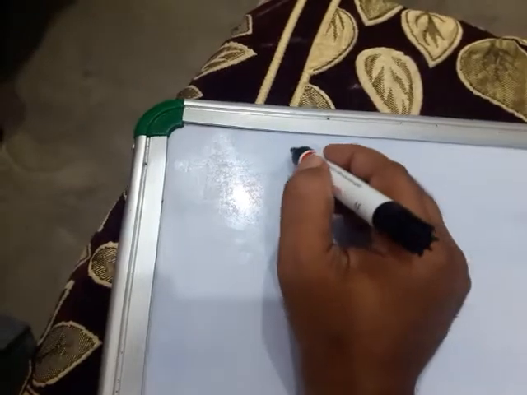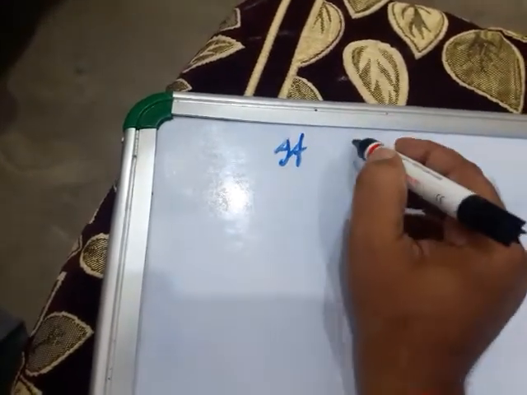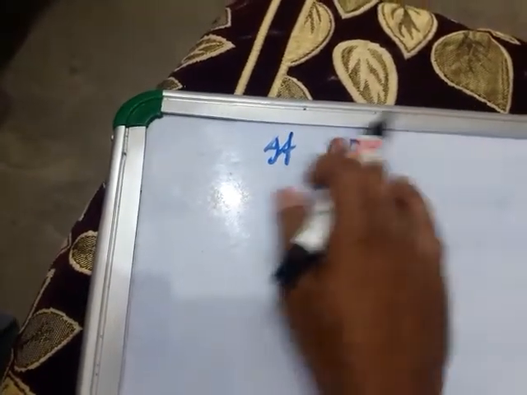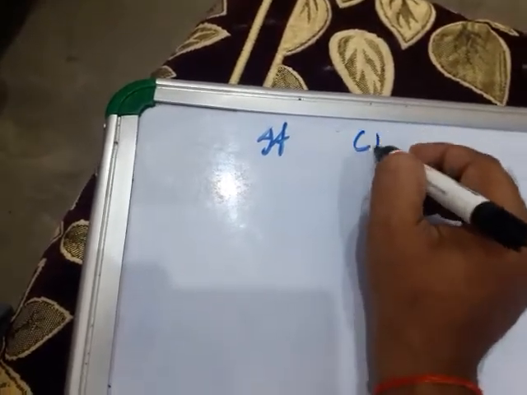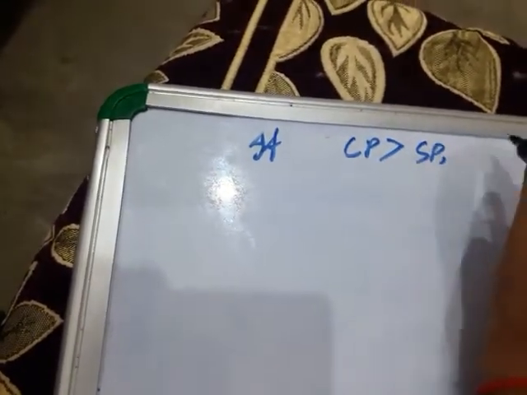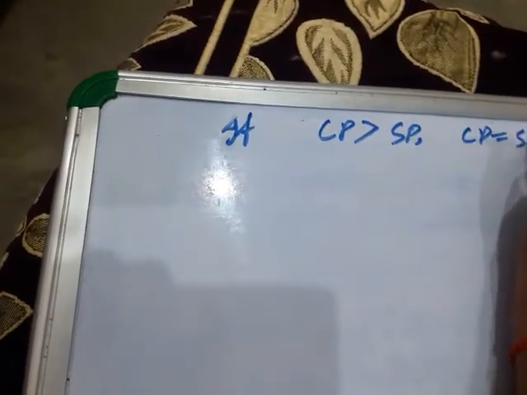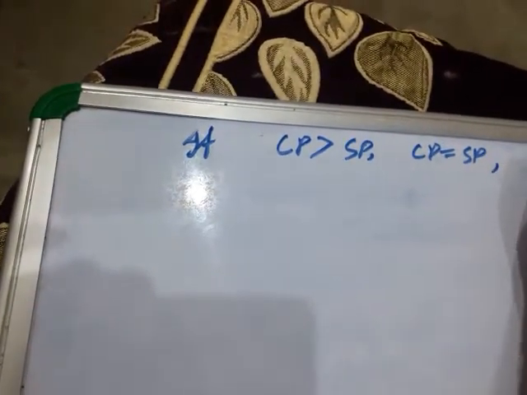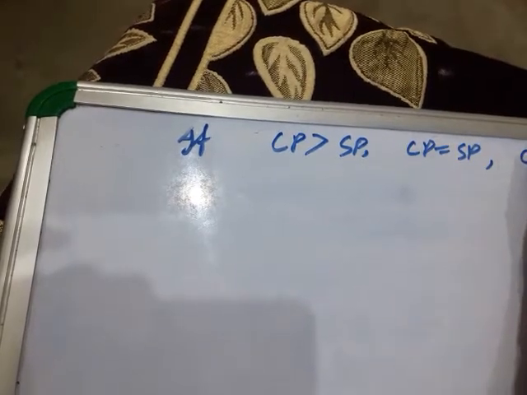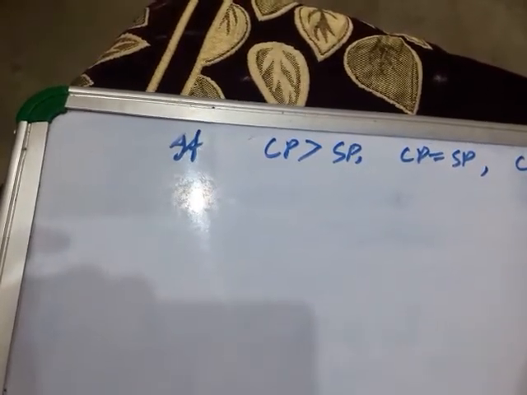If we purchase something with the intention to get profit or loss, and CP and SP are two things, then three possibilities are there. CP is greater than SP, CP equal to SP, and CP is less than SP.